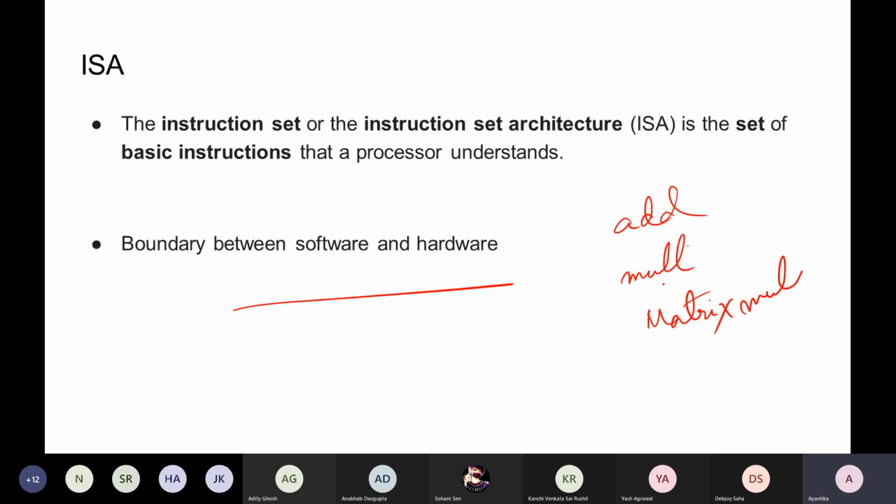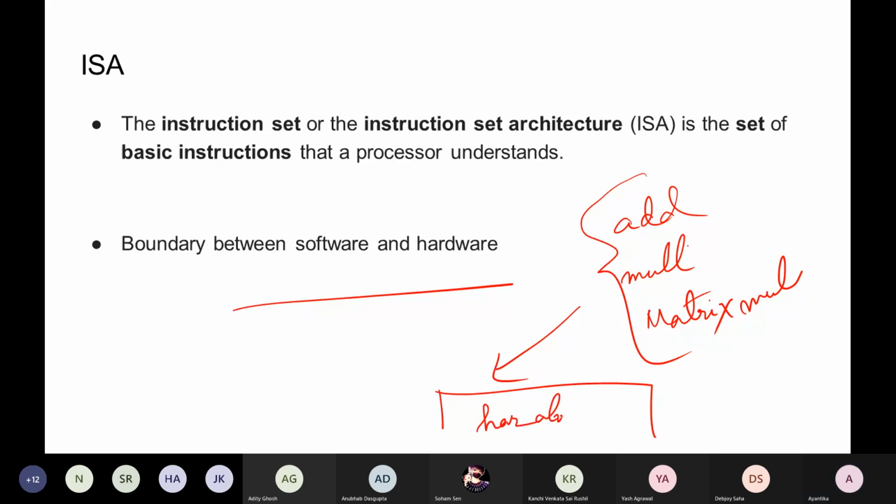But it doesn't mean that all these instructions will be mapped in the same way to the actual implementation block. That is your hardware block. That is your ALU. Based on what type of processor you have chosen, these instructions will get mapped.